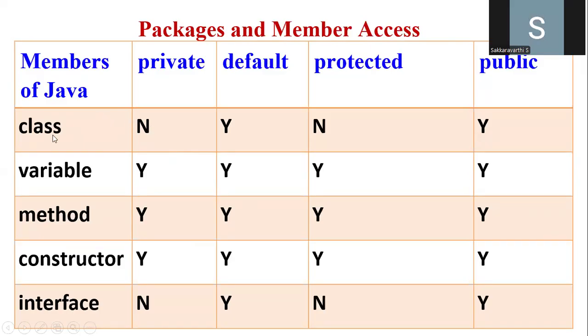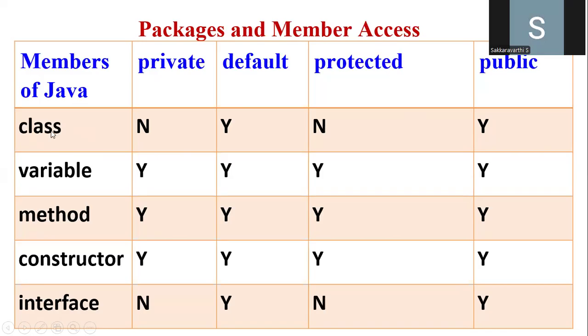We can apply the default access specifier for a class. Protected? No. A class cannot be protected, and a class can be public. So here it is yes for default and yes for public only.